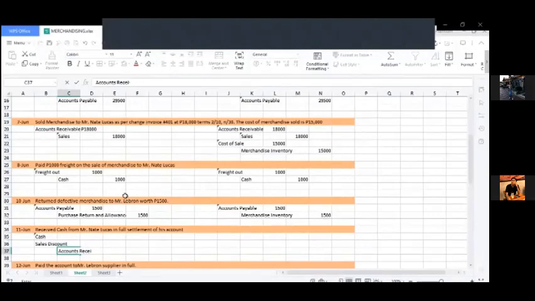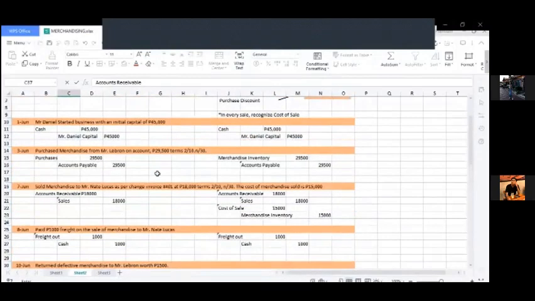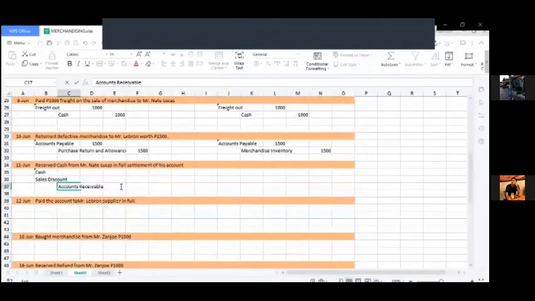So, magkano? 18,000. And then, magkano yung sales discount natin? 18,000 times 2%. So, meron tayong sales discount na 360.